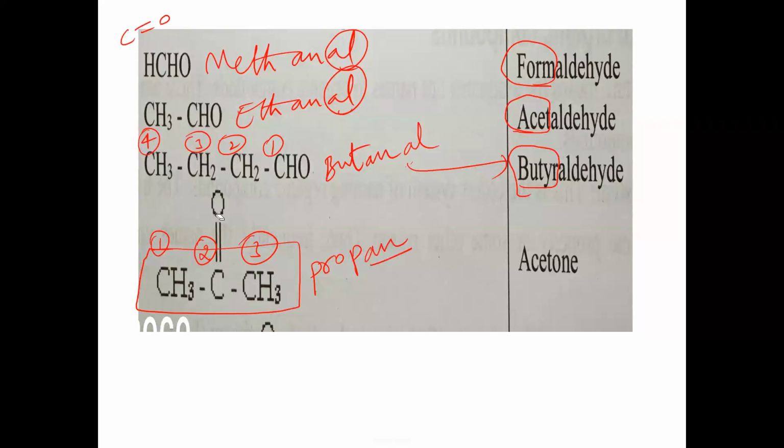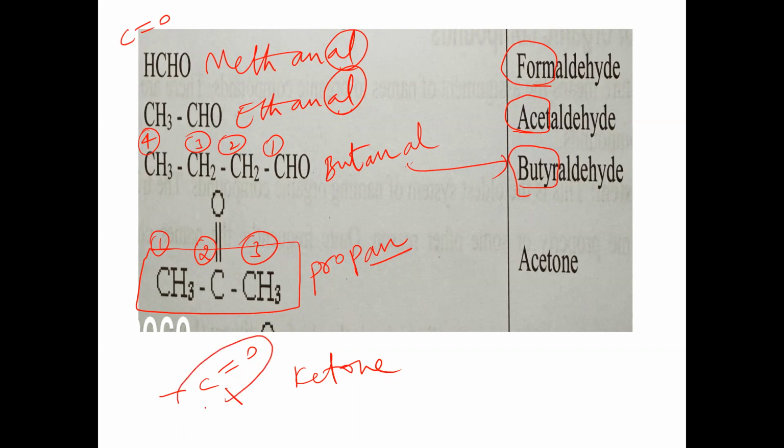Next, here C double bond O. The functional group is what? Ketone group. Bond CO bond is called the ketone group here. So this ketone group is nothing but bond CO bond, and the C double bond O is nothing but carbonyl, as I told you.